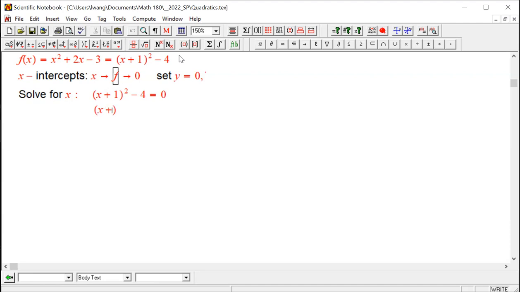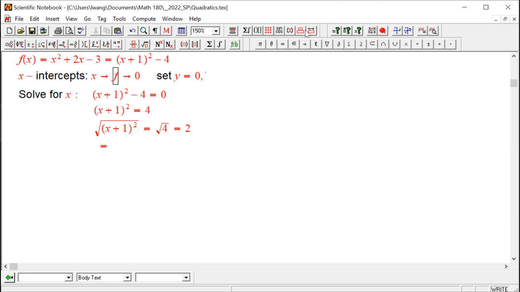We just have (x plus 1) squared equals 4. We add 4 on both sides, and then we take the square root on both sides. The square root of 4 is 2.